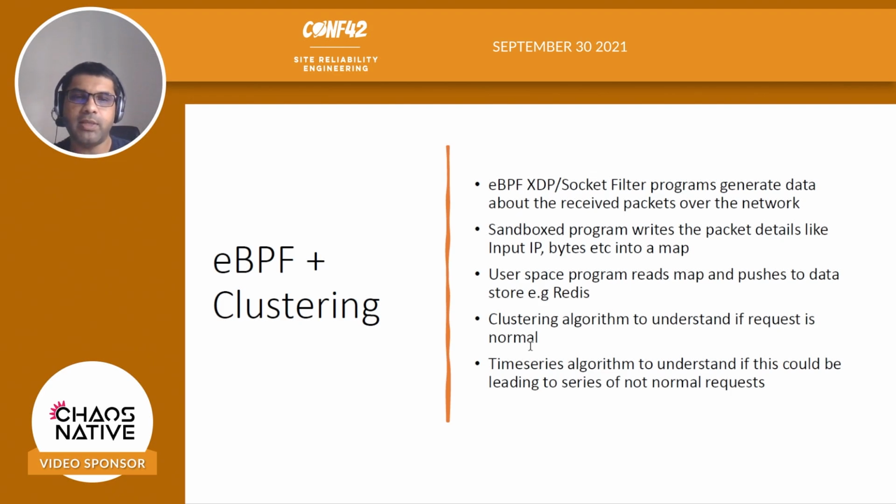If so, that means something wrong is happening. You could be facing a DDoS attack or a denial attack. So these things can be estimated or predicted before the event has already happened. Here we see how eBPF can help in understanding whether a system behavior is in the right domain or in the wrong domain, right?